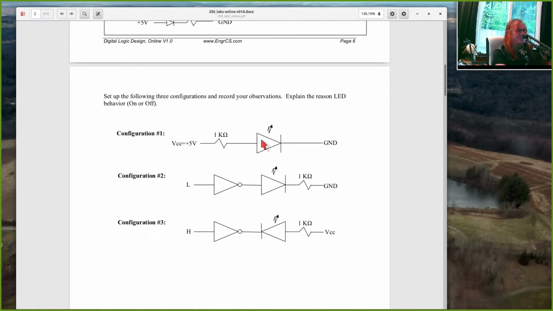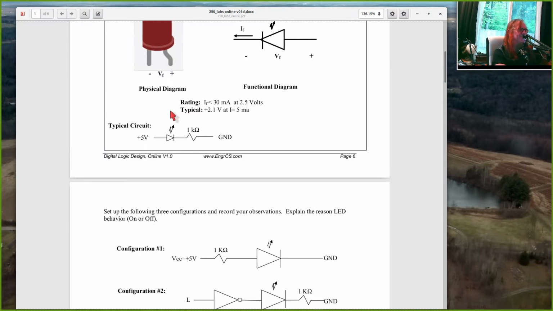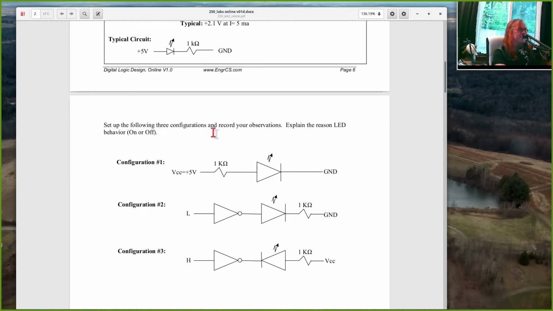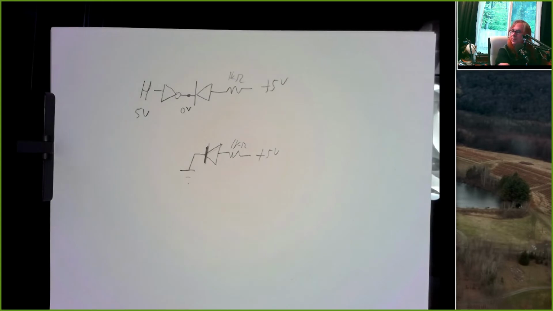Now, for experiment 1, you don't need to put in part numbers, pin numbers, component ID block, etc., right? All you're trying to do is what this experiment asks, which is set up these configurations, record your observations. But your observations don't mean a lot to the reader unless they know what these configurations are. So you've got to have these things in your lab report somewhere. So that's the first detail.